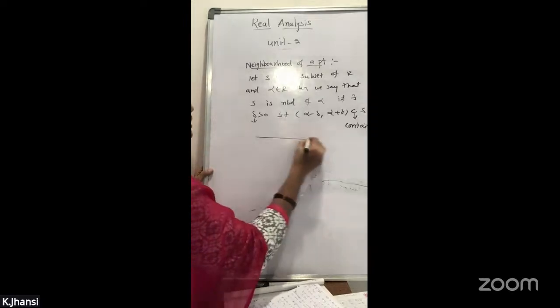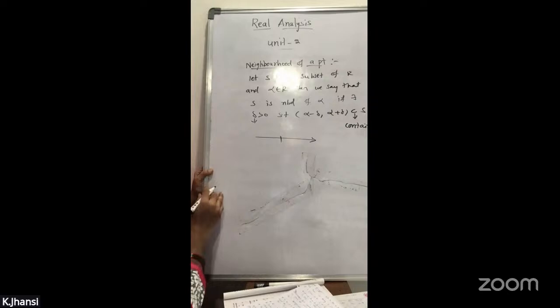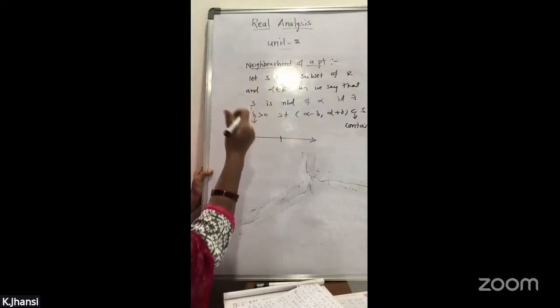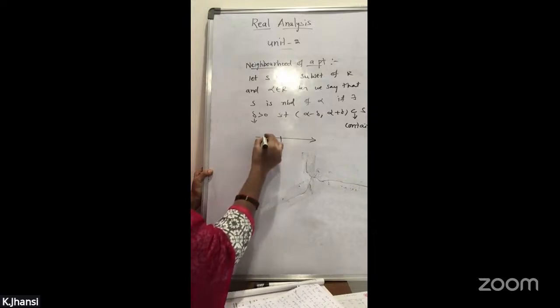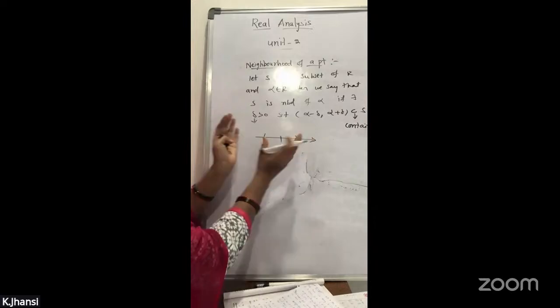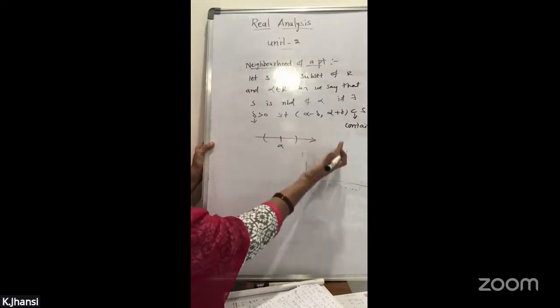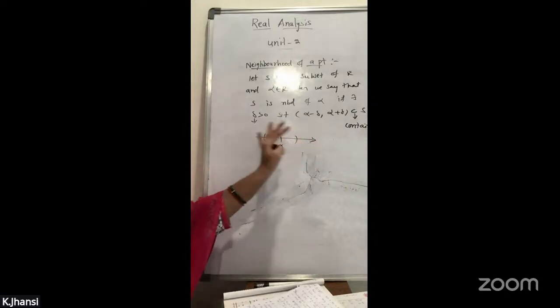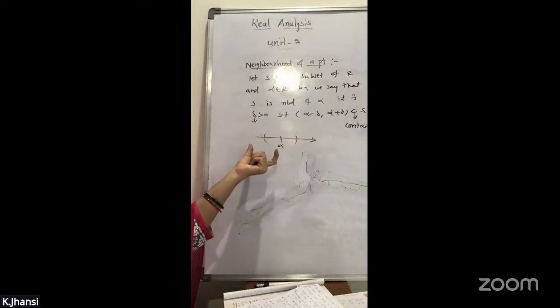If you see the representation here, from the set S you are taking one element, that is alpha. So surrounding any element, whatever elements are present on the right-hand side and also on the left-hand side, that we call a neighborhood of that point.